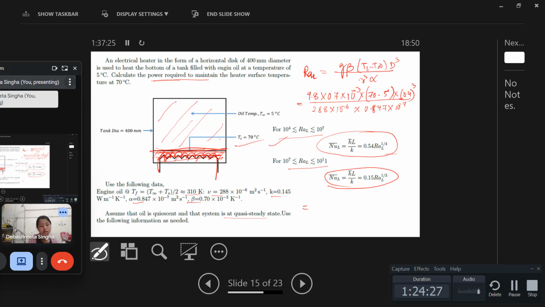So if you calculate this, it comes out to be around 1.828 into 10 to the power 7. Since it is in this range, we'll use this relation, right? 1.828 into 10 to the power 7 is greater than 10 to the power 7.